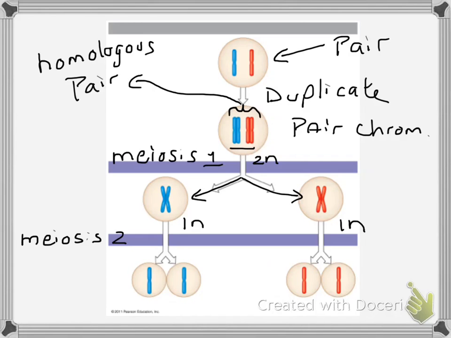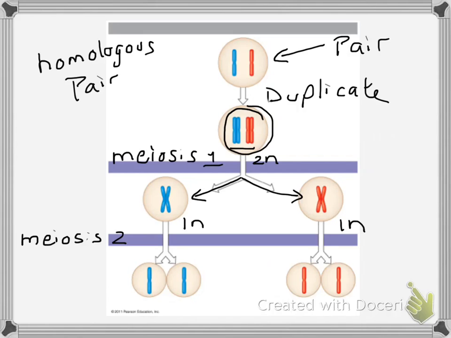I just wanted to clean that up so you get a good look at this cell here as being duplicate. There are 2 copies of our chromosome, 1 maternal, 1 paternal.